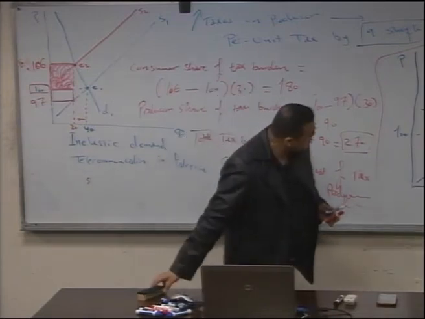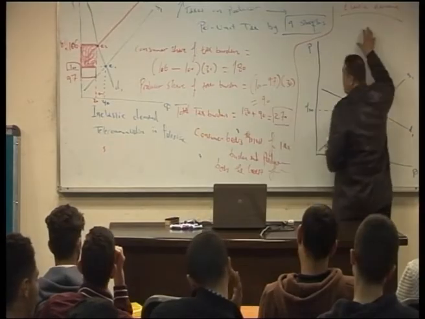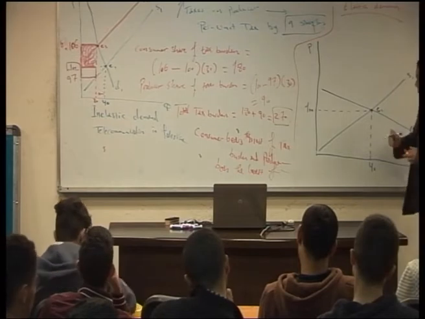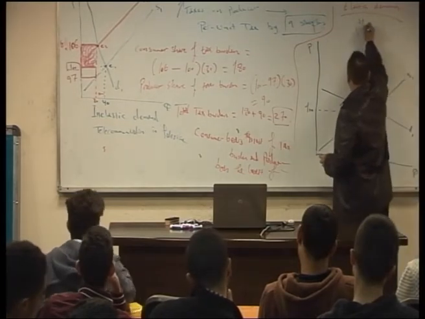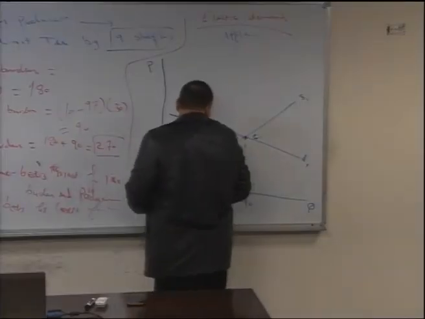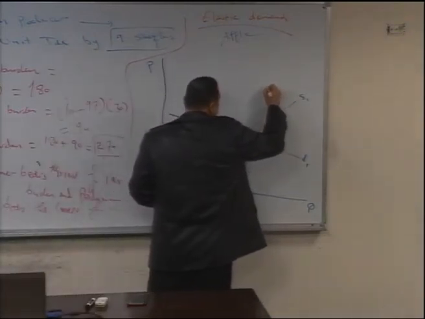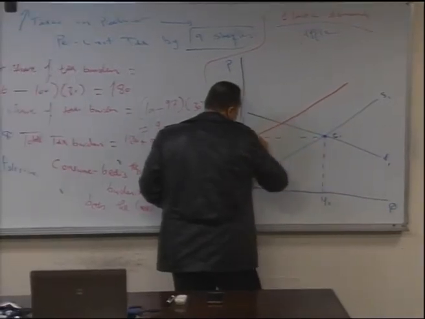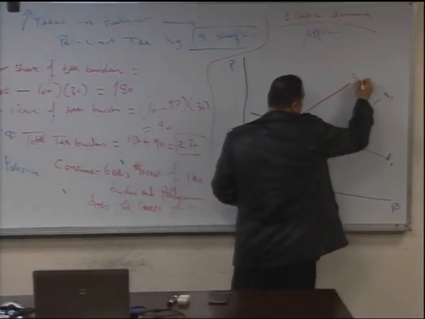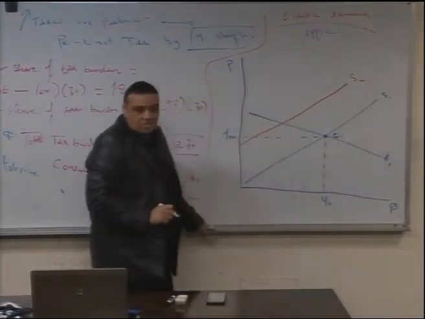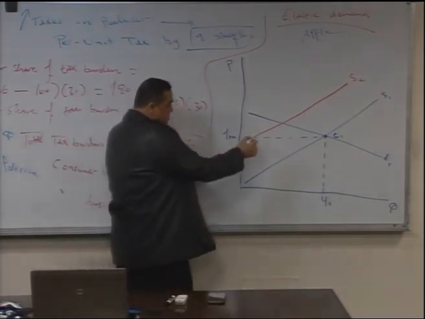Now let's see. When demand is elastic, like the demand for apple, supply shifts left. This is S2. Where's the new equilibrium point? E2.